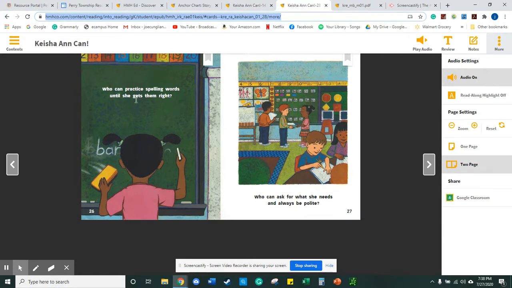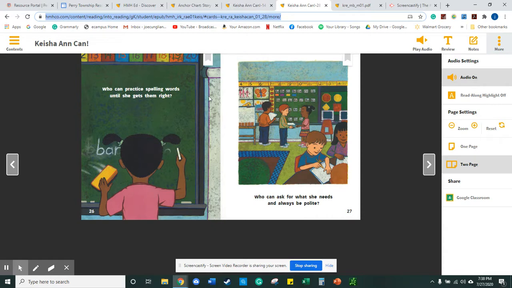Where do you think these pictures are? Where's the setting of our story? Do you think they're at home right now, boys and girls? Do you think they're at the zoo, seeing lots of new animals? No, I don't think that makes sense. I don't see any animals. Do you think they're in a classroom or at a school?